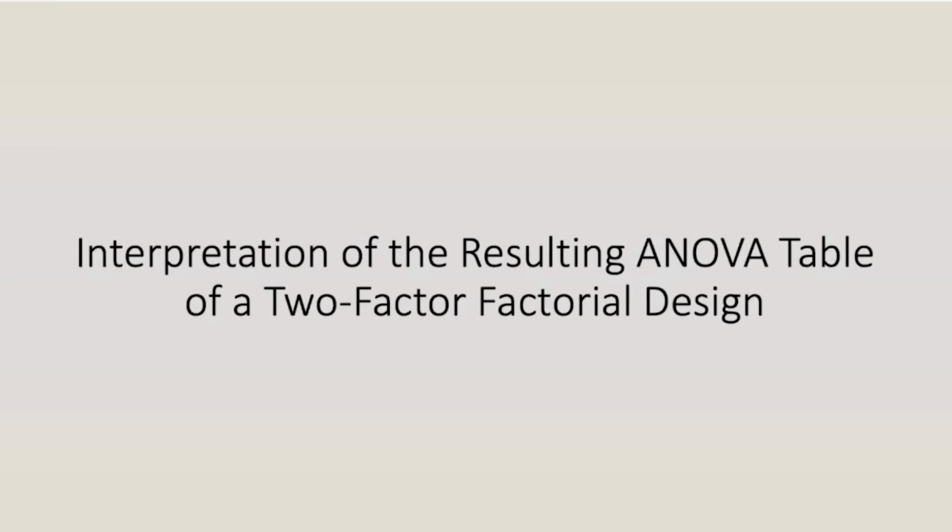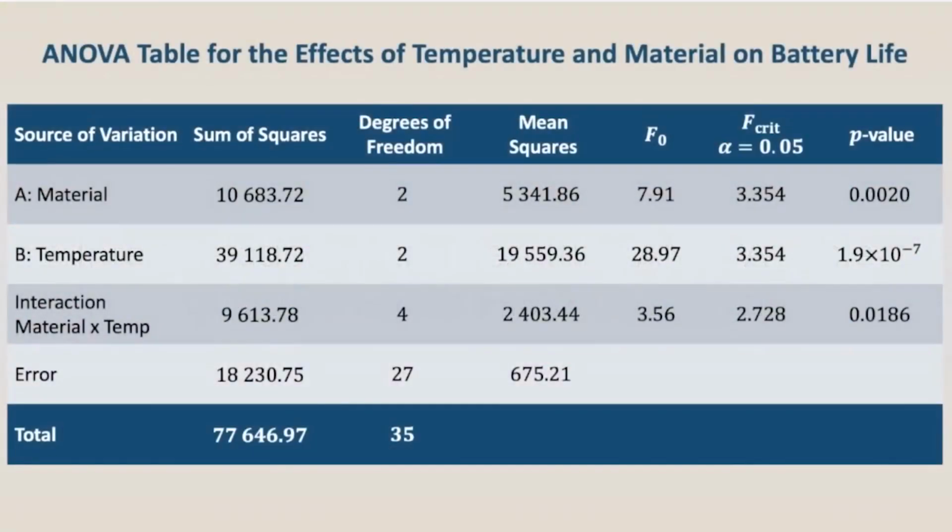Here we have the resulting analysis of variance table for the effects of the temperature and material on the battery life. We have the source of variation, sum of squares, the degrees of freedom, the mean squares, the F0, the critical F, and the p-value for the material, the temperature, and the interactions between them.